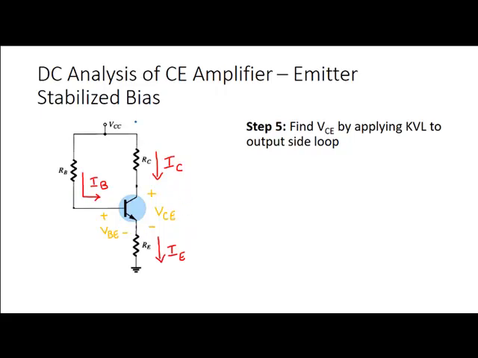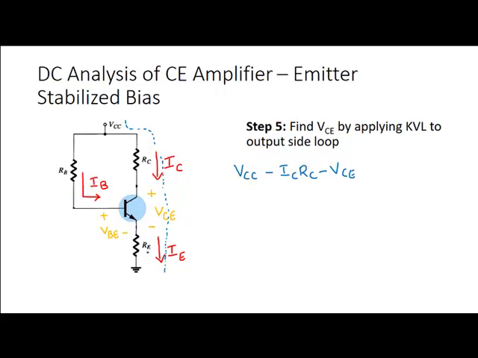In the next step, we will find out what VCE is. This can be done by applying KVL to the output side loop. We will start from VCC, move through RC, then we encounter the voltage drop VCE, then we encounter resistor RE all the way to ground. So let me apply the KVL now. It is VCC minus IC RC, then we encounter the voltage drop VCE, minus VCE.